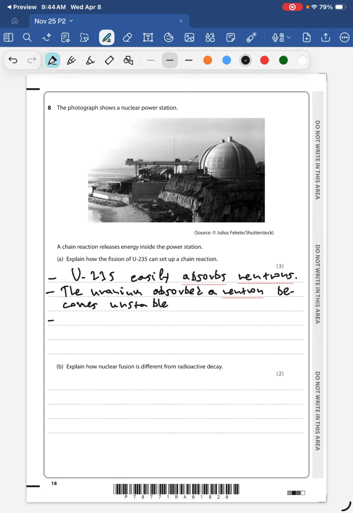The unstable uranium breaks into two lighter nuclei, releasing neutrons.